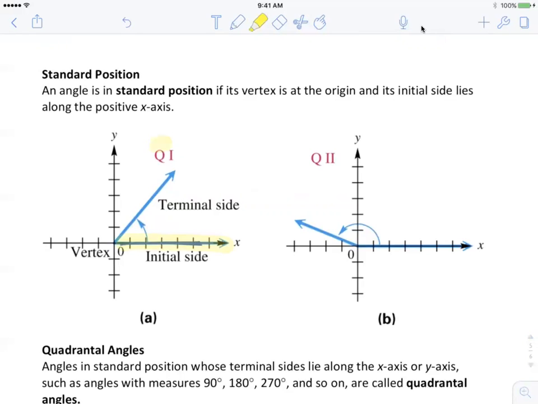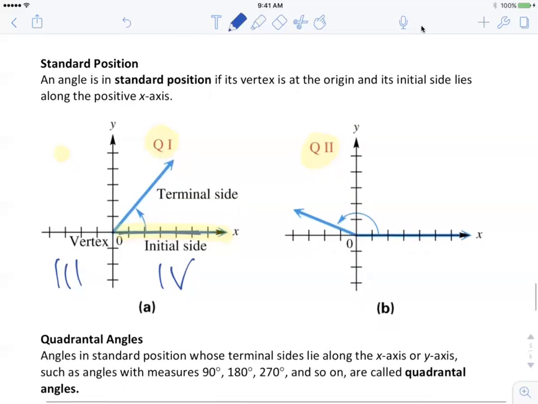So quadrant 1 is right there. Quadrant 2 is over here, right? And then we also have quadrants 3 and 4, right? So here would be quadrant 3, and here would be quadrant 4. They use Roman numerals for these a lot of the time, so that's what you're seeing, right? 1, 2, that's just 1, 2, 3, and 4.